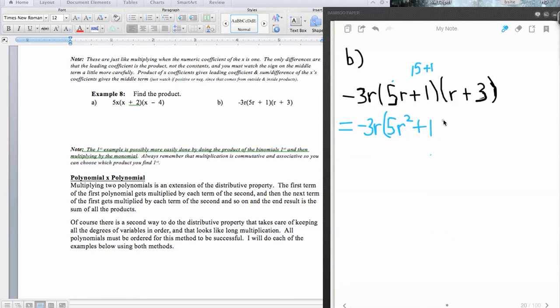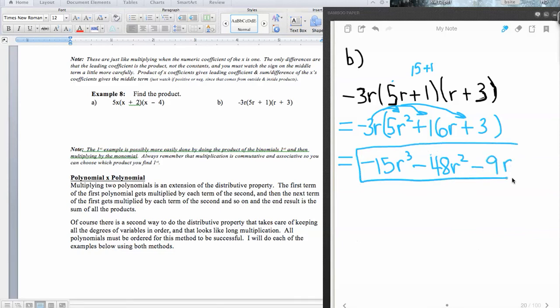So that'll give me a total of 16r's, and then finally my last will multiply, which will give me a 3, and then I can go ahead and distribute the first one through here, the negative 3r, and that's going to give me a negative 15r cubed plus a negative times a positive, which is a negative, so I can either leave that as plus a negative, or my preference actually as a negative, and 16 times 3 is 48, and r times r is r squared, and then a negative times a positive again is a negative, 3 times 3, which is 9, and those are r's, and that would be my final answer.